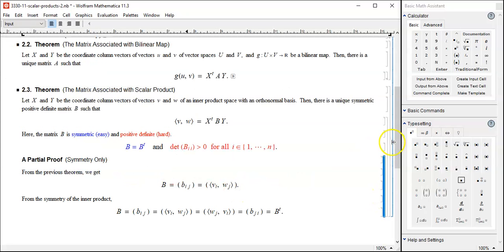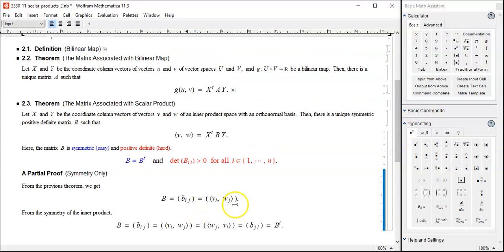That's easy because the previous theorem told us that such a matrix B exists, and it is given by g of (v, w). So in this case, the scalar product of (v_i, v_j). Put those together and you're going to get matrix B. But then again, we can use the property of the scalar product.